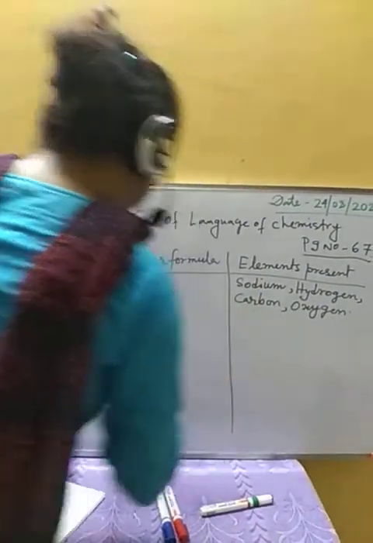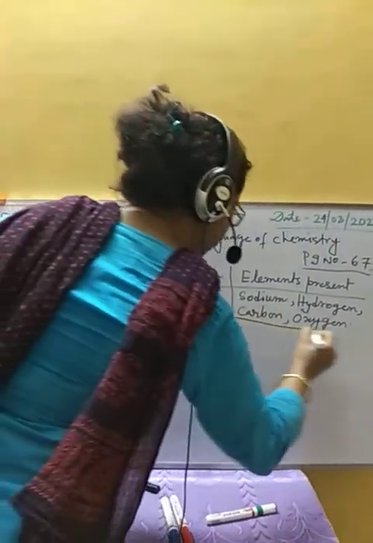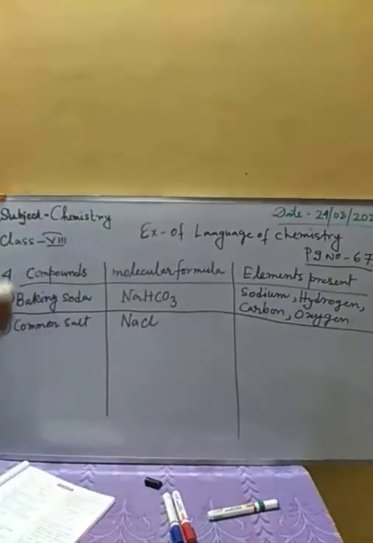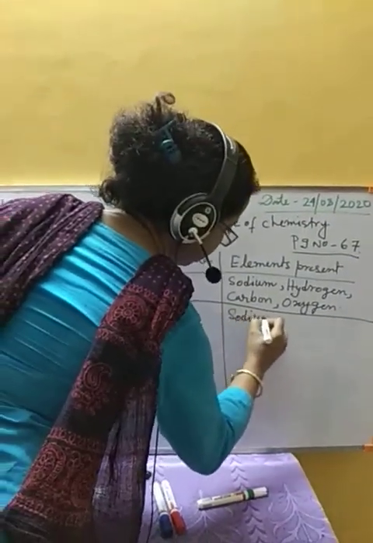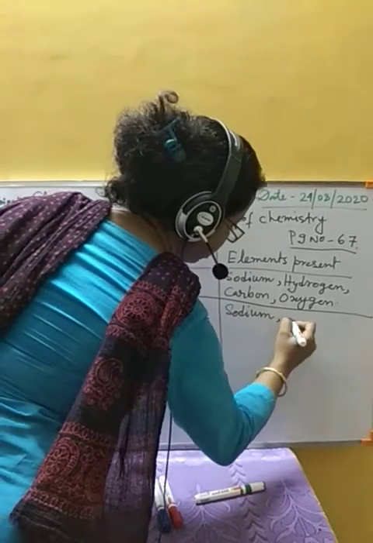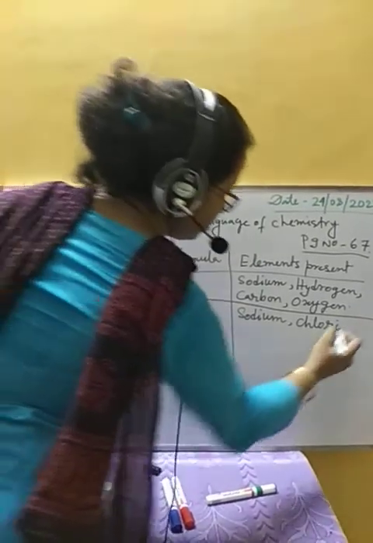So elements present, actually let us draw a line here. So here elements present will be sodium and chlorine.